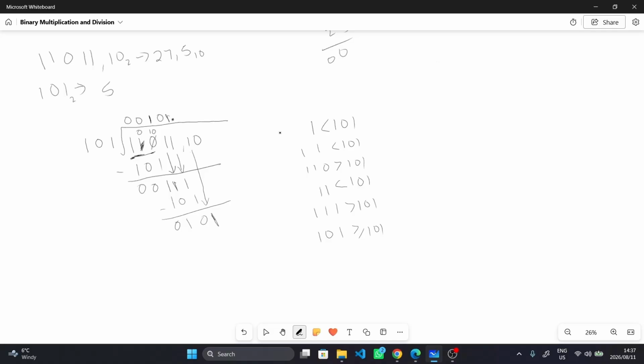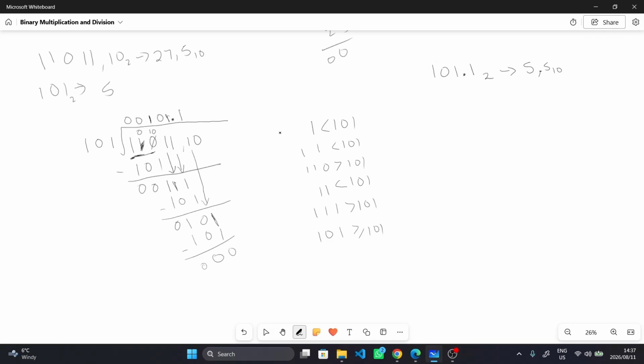So if it's equal, it's still going to be 1. Then we just say 101 minus, and we get 0. So therefore our answer for this one in binary will be 101 and comma 1.